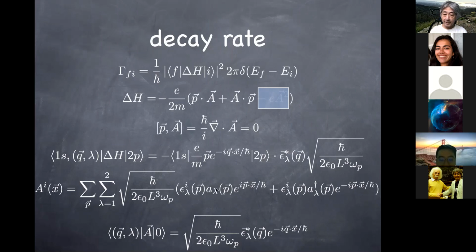One is little a squared, that annihilates 2 photons. Another one is a dagger squared that creates 2 photons. And the cross term, a dagger a, that creates a photon and annihilates it, so it doesn't change the number of photons. So from the vector potential squared, I have 3 pieces that change the photon number by -2, +2, or 0.